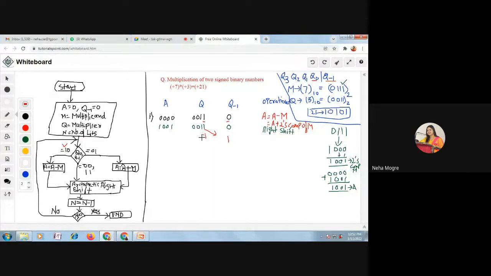Here will be 0. This 0 will be coming here in this position, and this one will be coming in this position. Here you are getting the value 0. Again this value 0 will be here, and here will be 1.